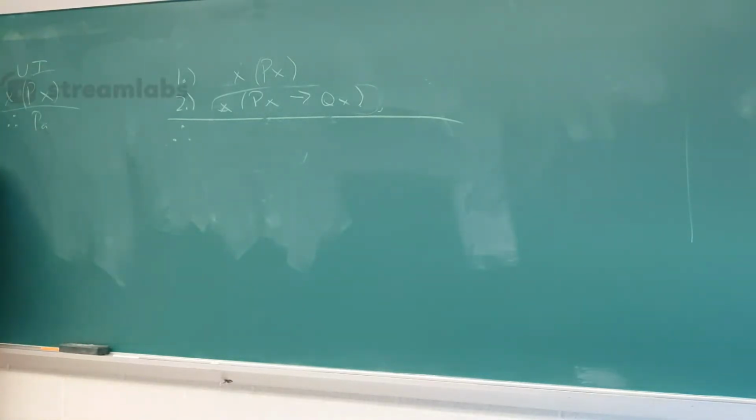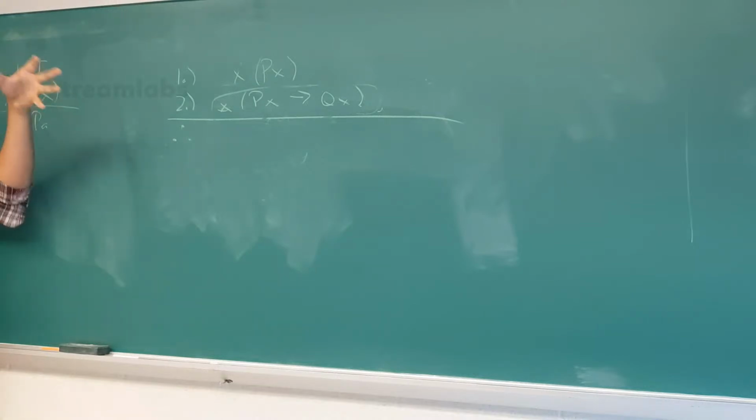If it's true that anything x is p, that means everything is p, no matter what we look at. So it's safe for me to say, I'm not going to pick exactly what I'm talking about, but there's a particular object a that is p. I am instantiating from a universal or general statement to a particular statement.